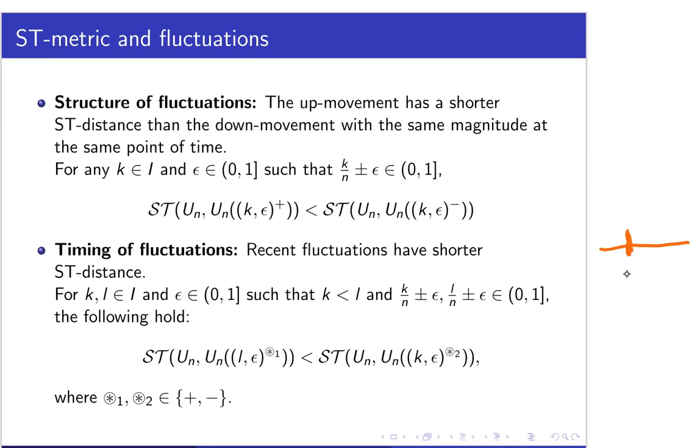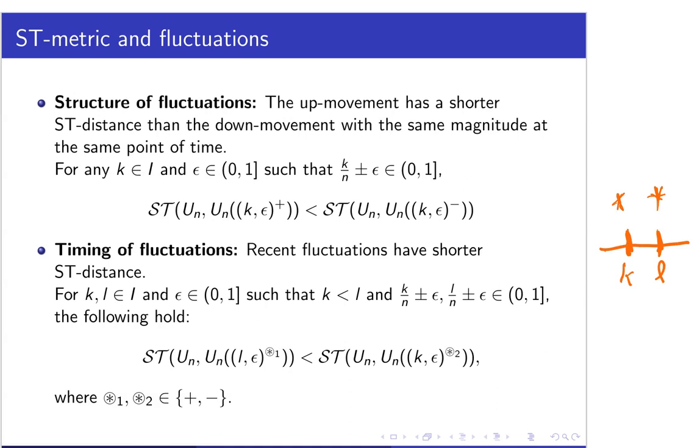If your fluctuation happens here or here, it differs. Same epsilon, up or down, but the timing of the fluctuation makes big differences. So k is a time point here, and l is a time point. The fluctuation that happens here will have a higher ST value than the fluctuation that happens in exactly the same way here.